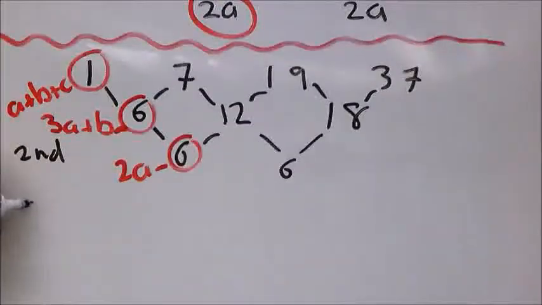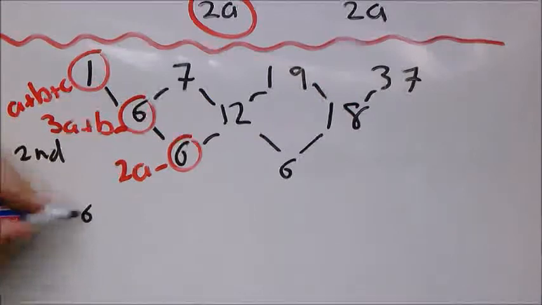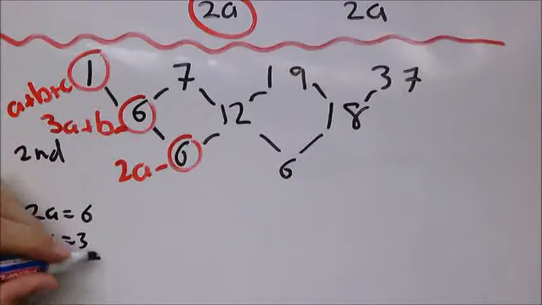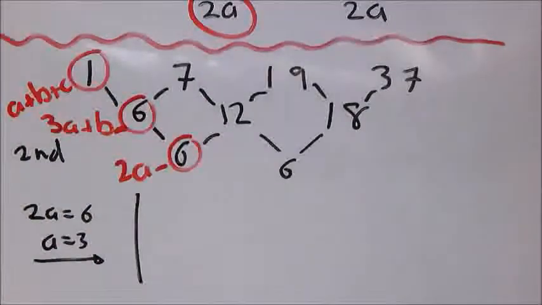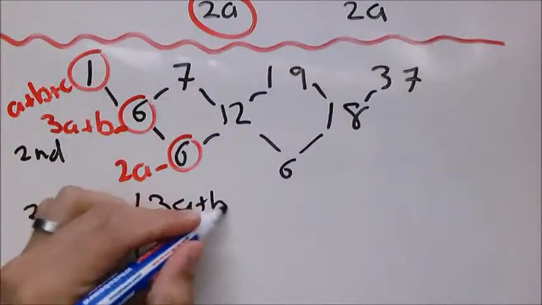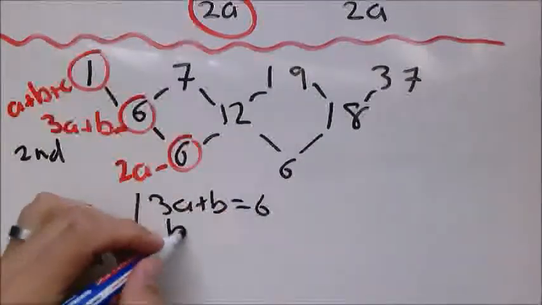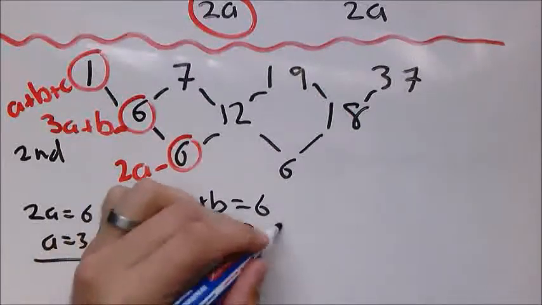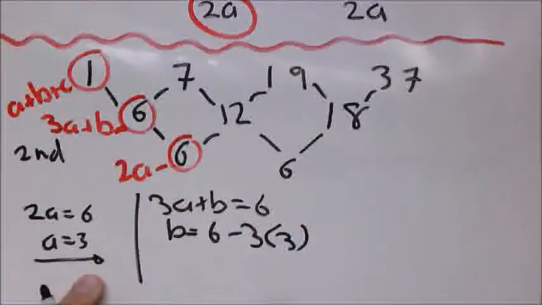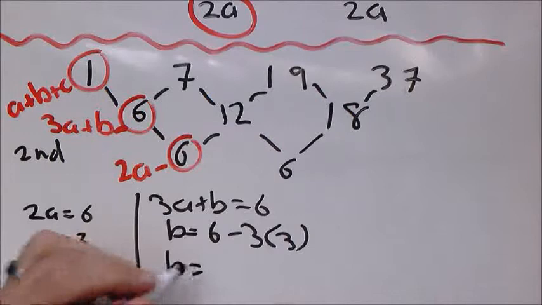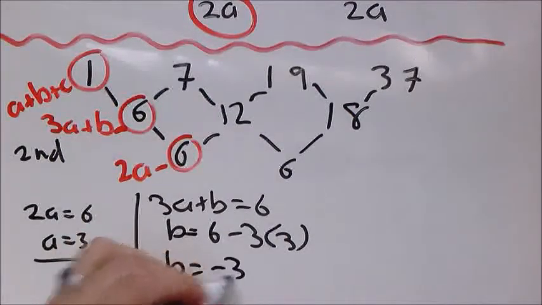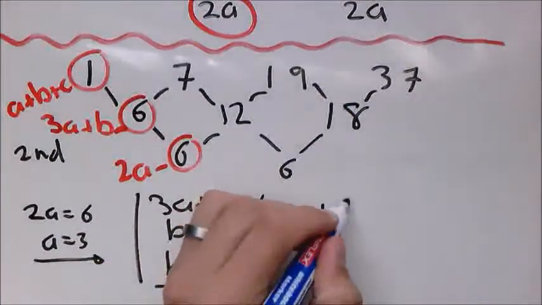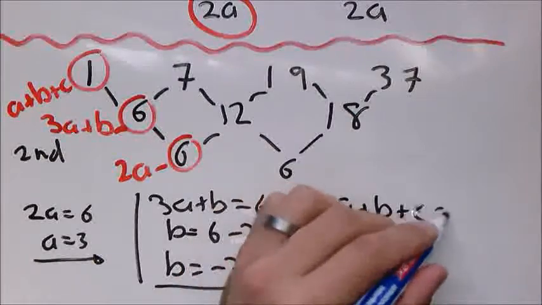Okay. So 2a equals 6, a equals 3. That's it. 3a plus b equals 6. So b equals 6 minus 3 times 3, because we just calculated it. So that makes b negative 3. a plus b plus c equals 1.